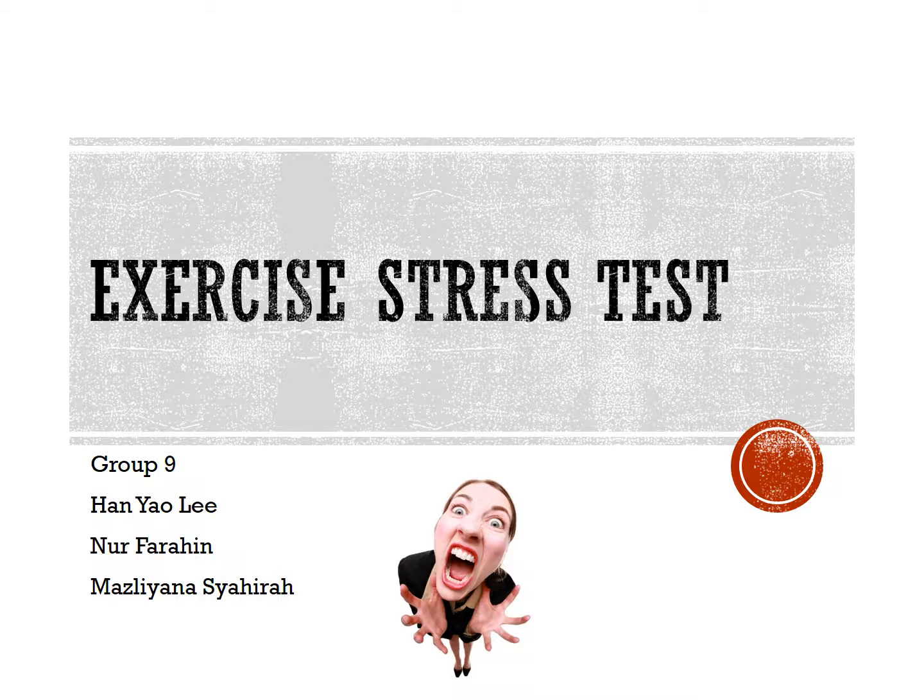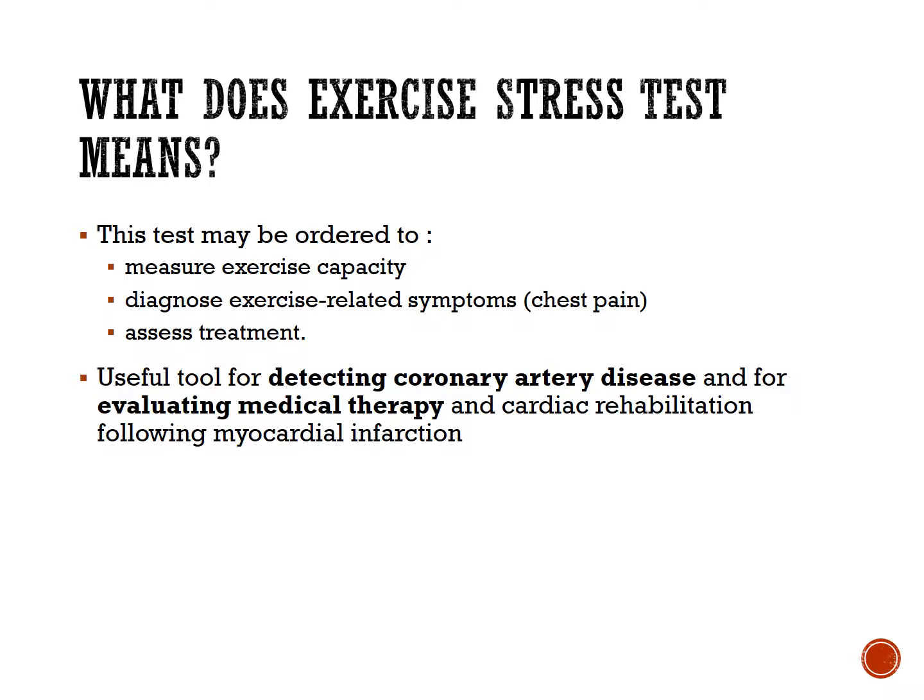So we will tell you about the exercise stress test. So first, what does it mean? This test may be ordered to measure the exercise capacity, to diagnose the exercise-related symptoms and to assess the treatment. It is also a useful tool to detect coronary artery disease and to evaluate the medical therapy and cardiac rehabilitation.